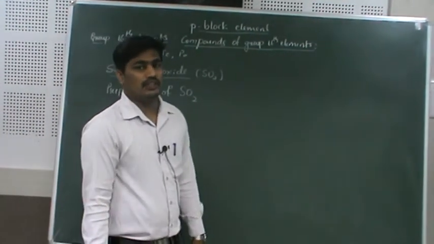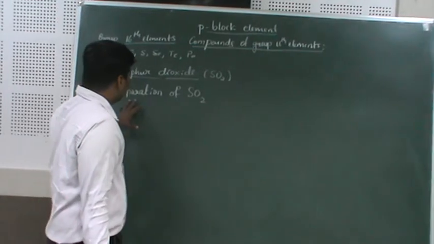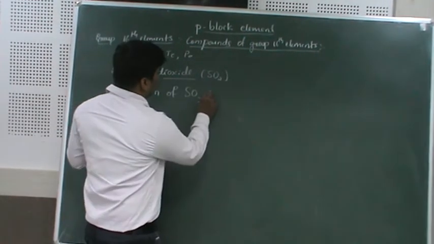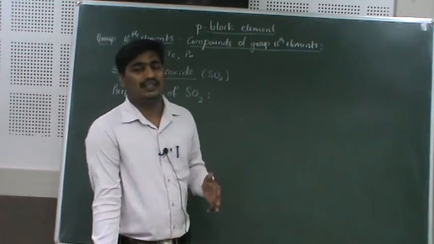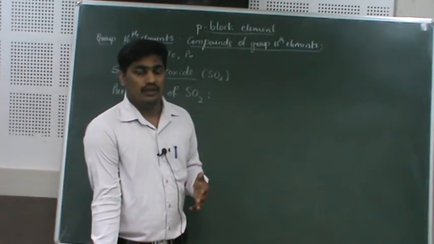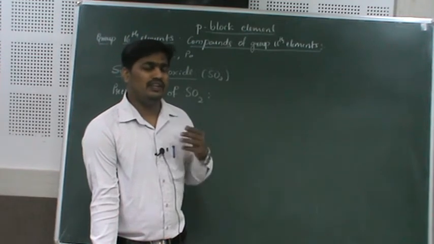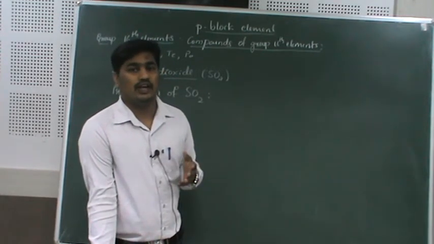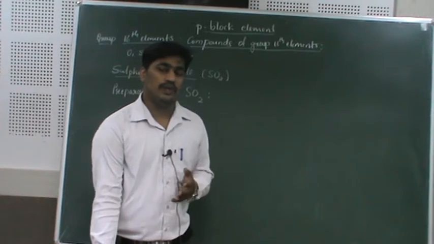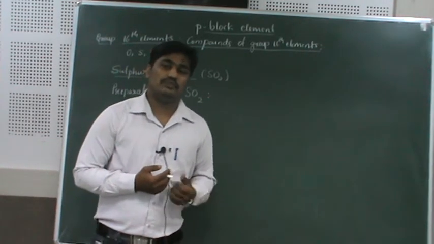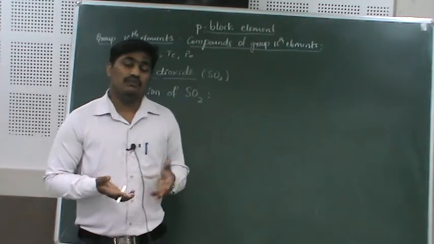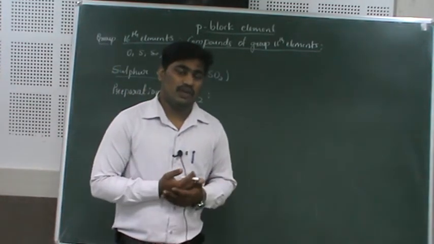Sulphur dioxide is prepared using different methods. The better way of preparation of sulphur dioxide is from sulphide ore and also from sulphides. There are different types of sulphides that exist, from which we prepare sulphur dioxide.